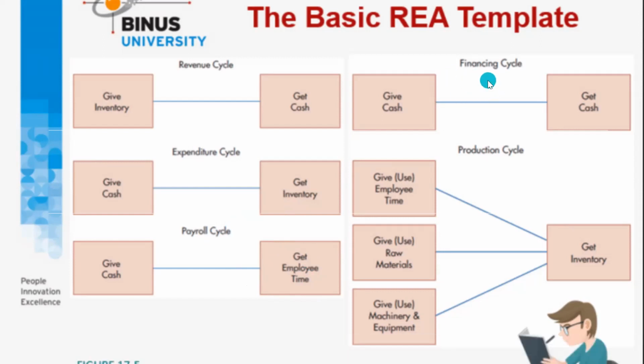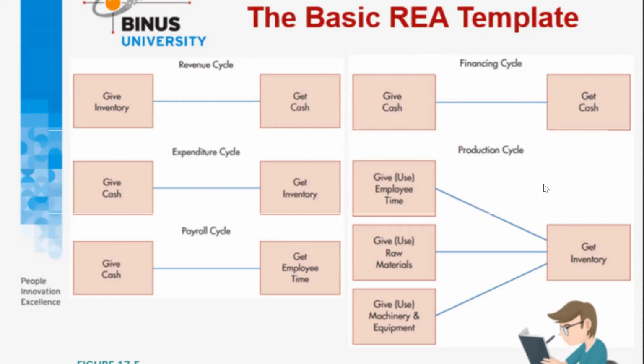Next one is the financing cycle. The financing cycle involves interactions with investors and creditors. So you raise capital through, let's say, stock or debt, and then you repay the capital, and then you pay a return on it, like interest or dividends. So you give cash and you get cash.